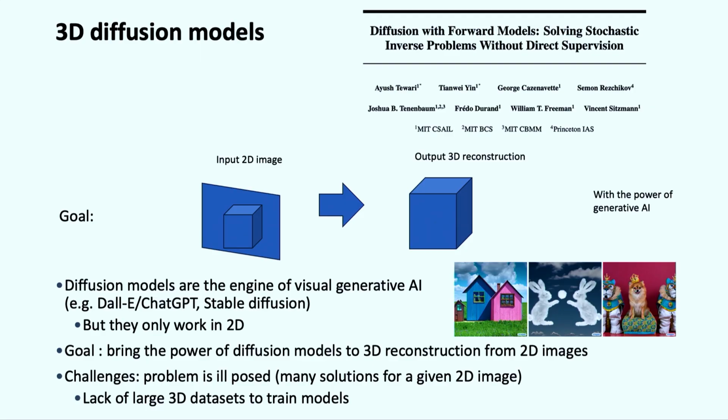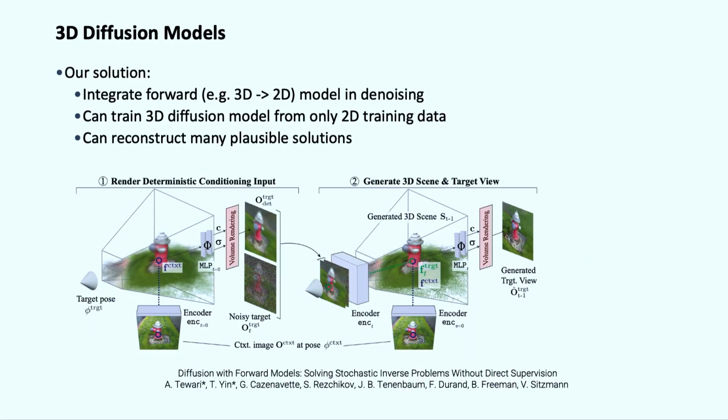So we want to learn something about the 3D world, even though all the input training data we have is 2D. And the main idea is still to rely on the diffusion process, but to have a strong inductive bias, meaning that we have strong knowledge about how you go from a 3D model to a 2D image.